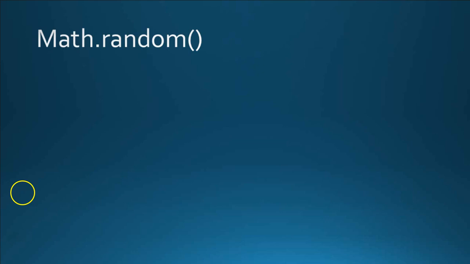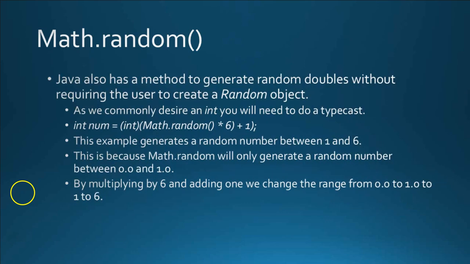Alright, let's talk quickly about Math.random. Java also has a method to generate random doubles without requiring the user to create a Random object. As we commonly desire an int, we often have to do a typecast here because this is a double. So int num equals parentheses int, that's the typecasting, Math.random times 6 plus 1. This example generates a random number between 1 and 6.